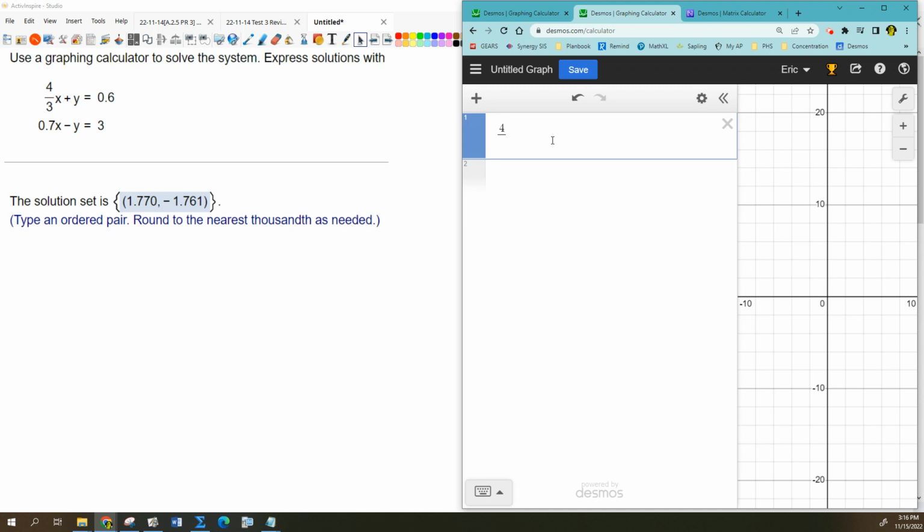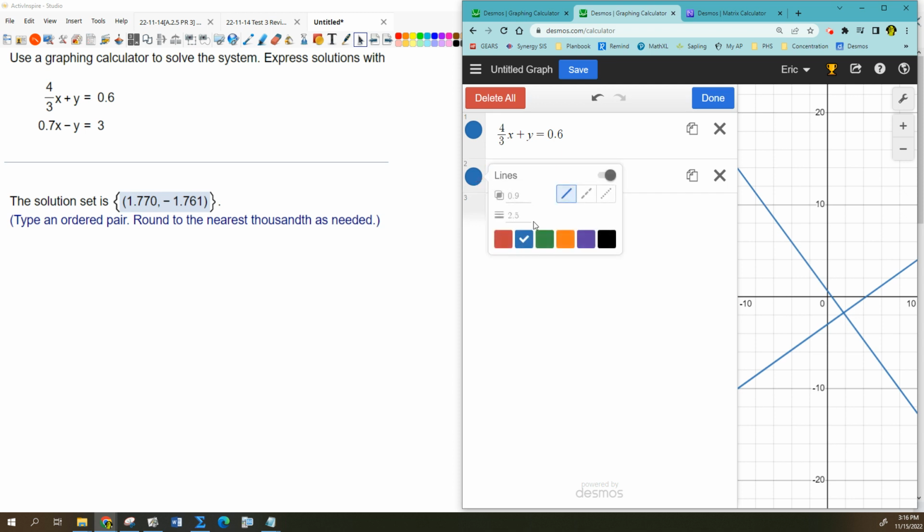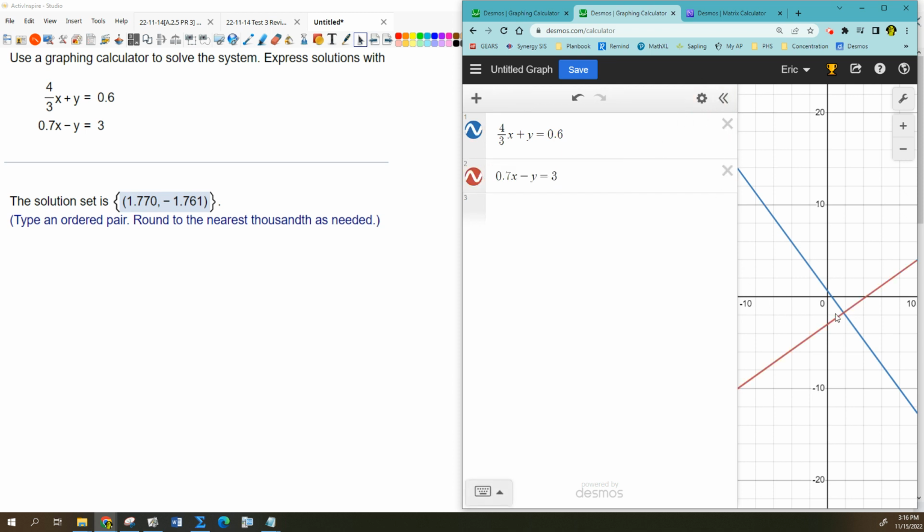So we're going to graph 4/3 x plus y equals 0.6. And we're going to graph 0.7x minus y equals 3. And this shouldn't both be blue, should they? And then we're going to find that intersection, which is right there.